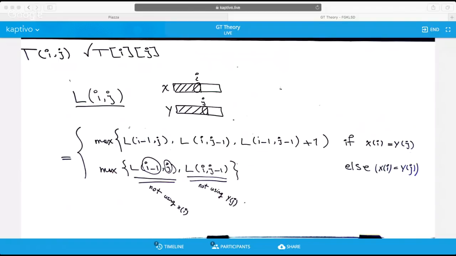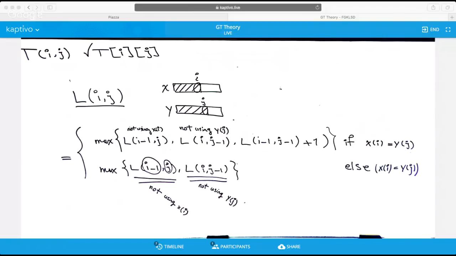The previous case was if they were equal. Here we have just been going the safe way of considering all three cases. The first case is not using x_i. The second one is not using y_j.